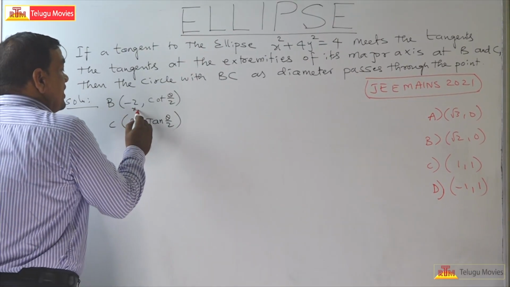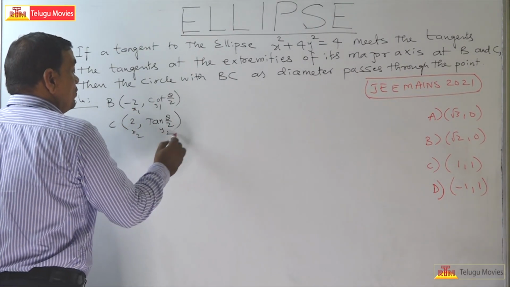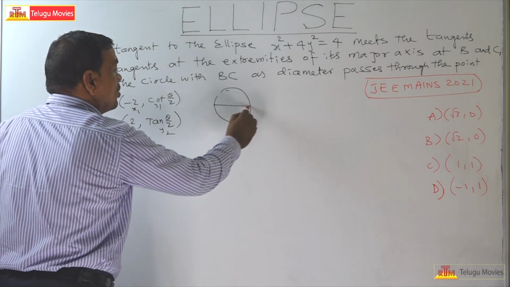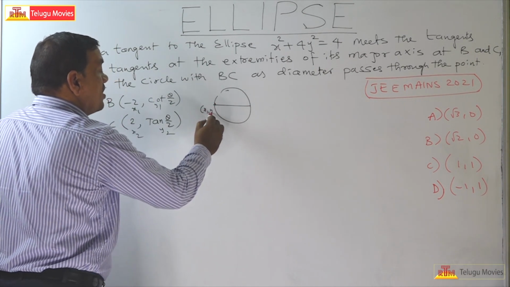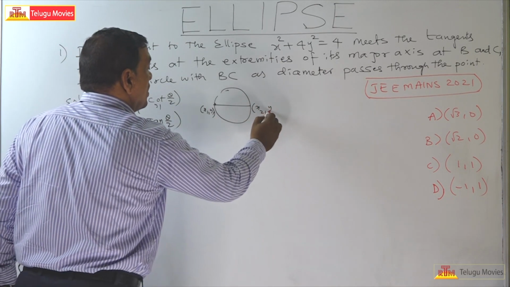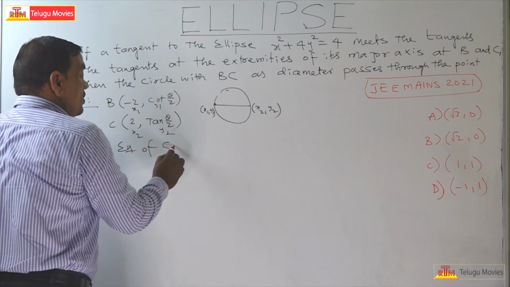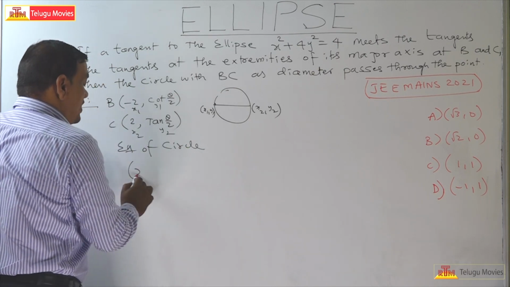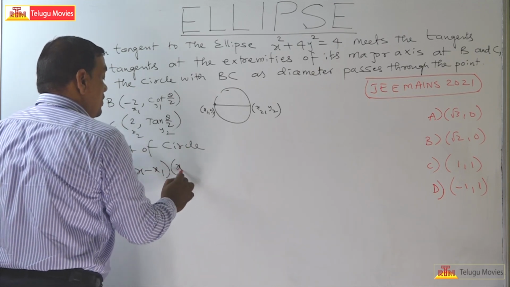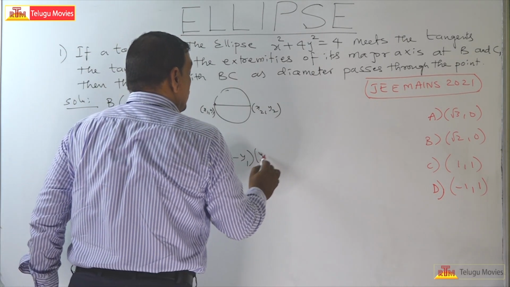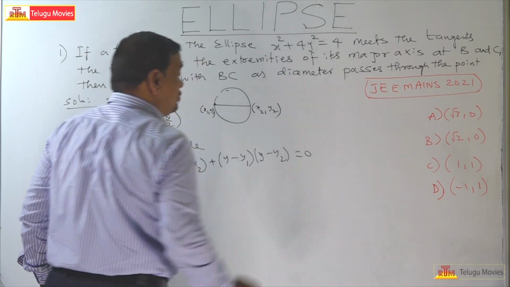So this is (x1, y1), (x2, y2). We know the equation of the circle whose endpoints of the diameter are (x1, y1) and (x2, y2). So what is the formula? (x minus x1)(x minus x2) plus (y minus y1)(y minus y2) is equal to 0.